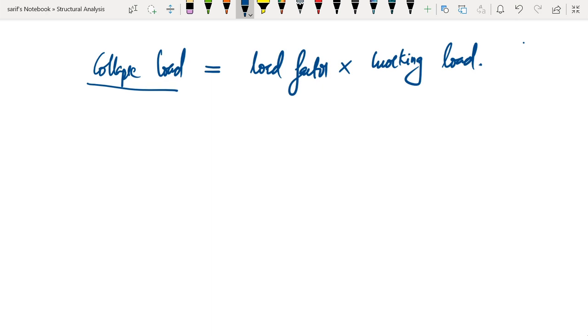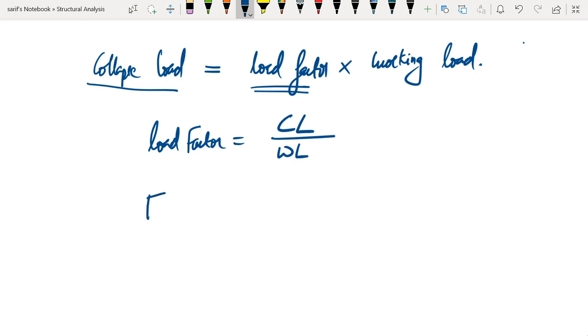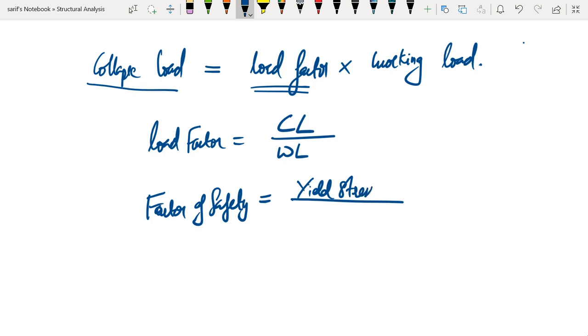We can rewrite this as load factor is equal to the collapse load divided by working load. However, we need to distinguish this from working stress design. In working stress design, we have factor of safety. This factor of safety is defined as the yield stress divided by the working or the allowable stress.